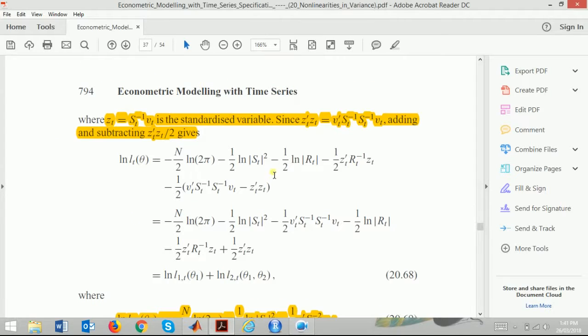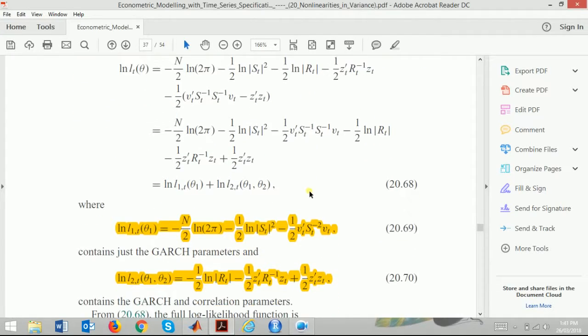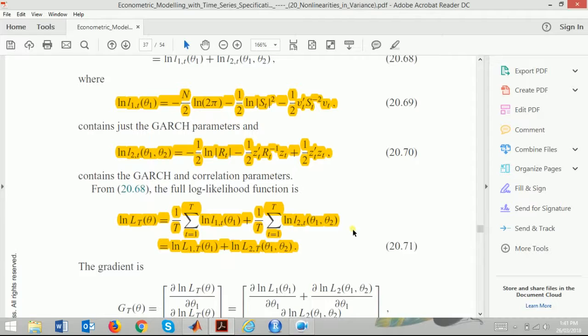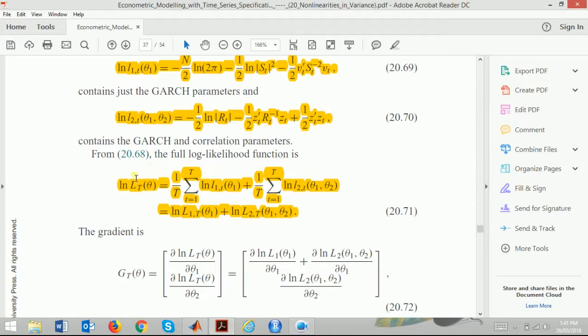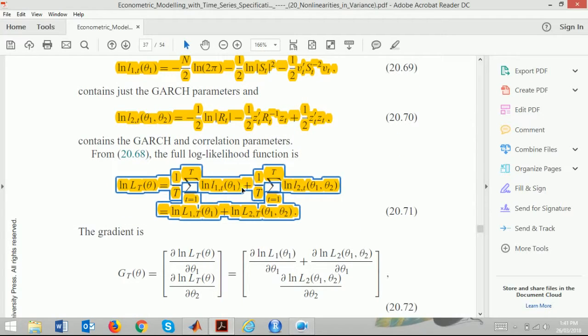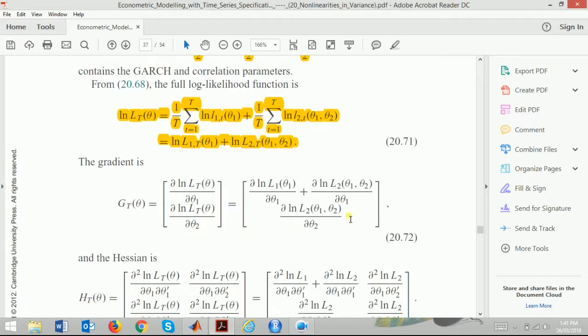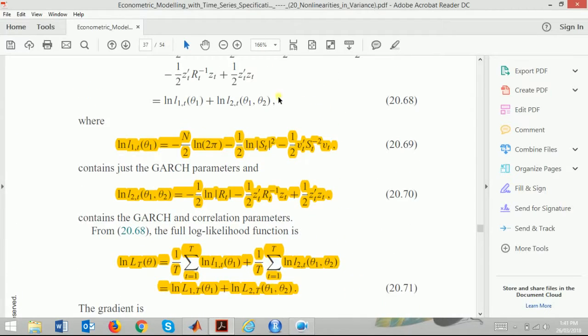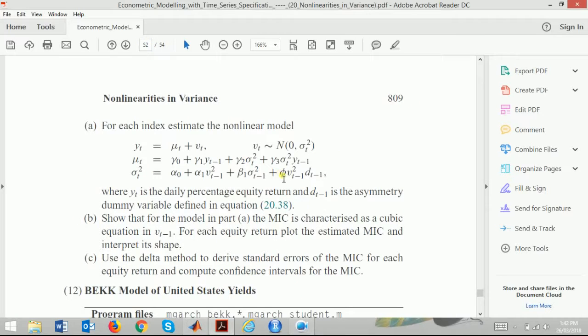And Z is the standardized variable, where Z is V by S. ZZ transpose is something we do further modification on. The full log likelihood function is theta 1, theta 2. Gradient and Hessian are automatically estimated, so the function will cause us a bit of trouble.